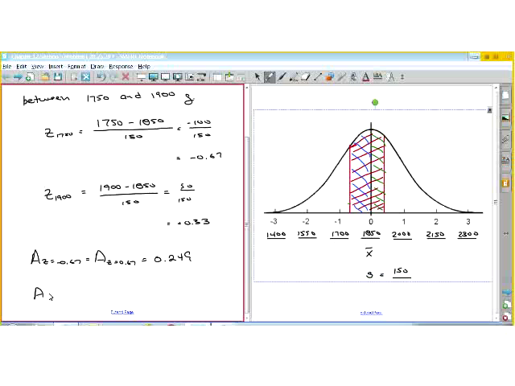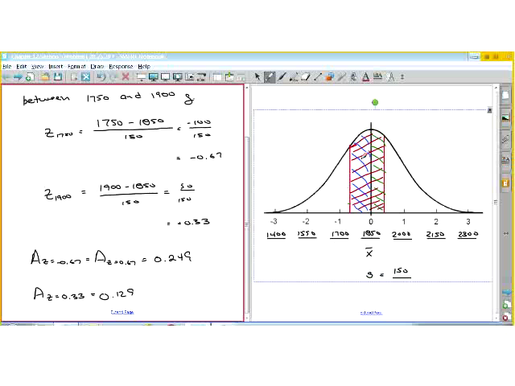Then you can do the area of the z-score on the second side with z equal to 0.33. We don't have to do anything, it's already positive. So we go to the first column, look down at 0.33, and the area is 0.129.